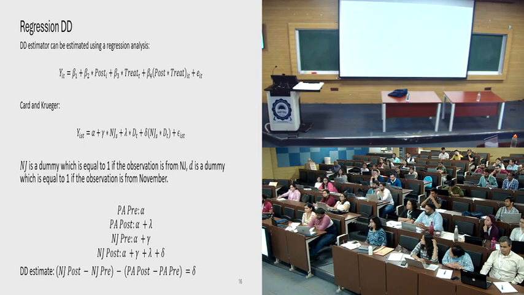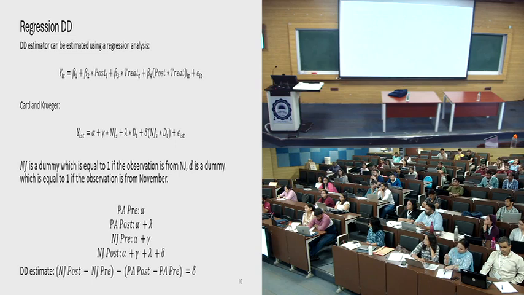Post, it takes the value of 1. Pre, it takes the value of 0. You see that? PA post is alpha plus lambda. PA pre is alpha. So alpha plus lambda minus alpha is equal to lambda, which measures nothing but the impact of the policy, captured by lambda in the case of Pennsylvania.